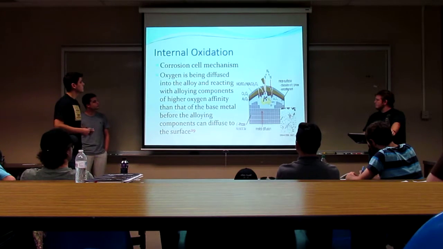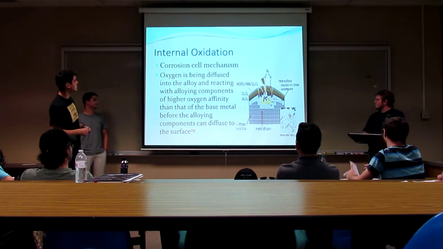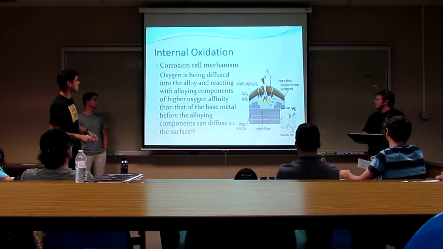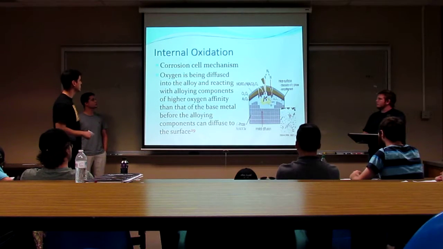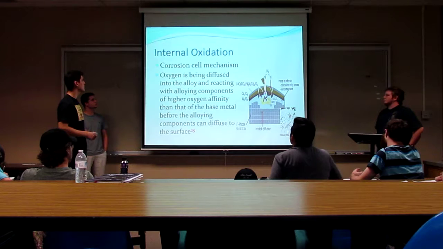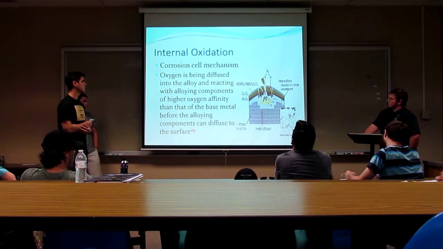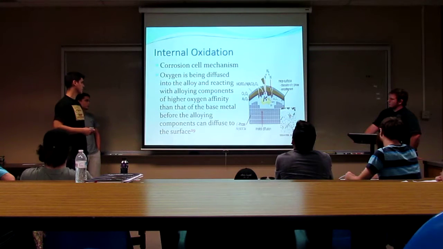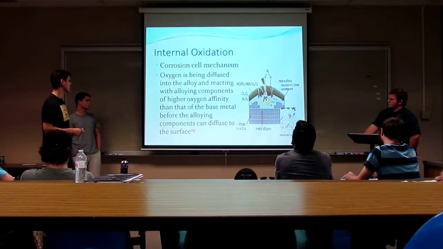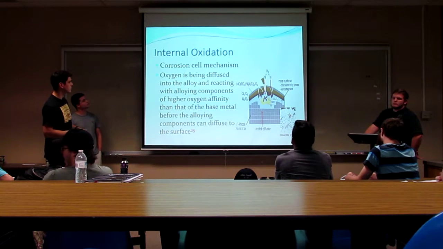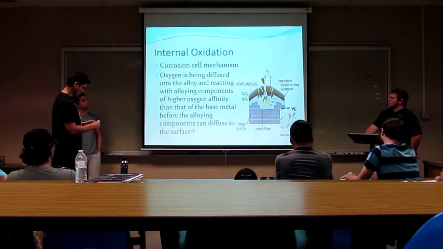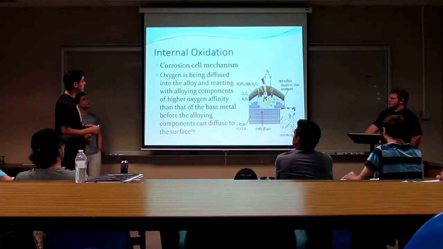This is a picture of the corrosion cell. Oxygen, or in this case nitrogen, is being diffused into the alloy and reacting with the alloying components with higher oxygen affinity than that of the base metal, before the alloying components can diffuse to the surface of the metal. So you have aluminum nitride, right?